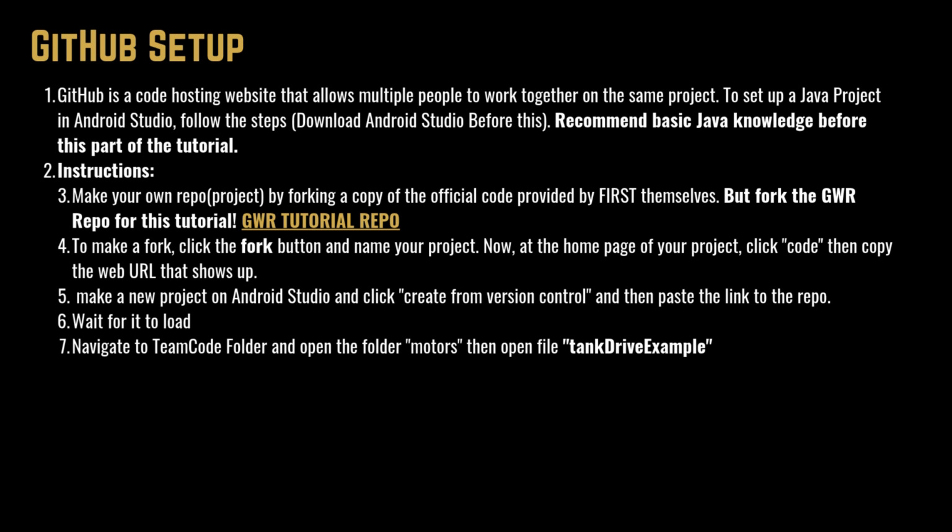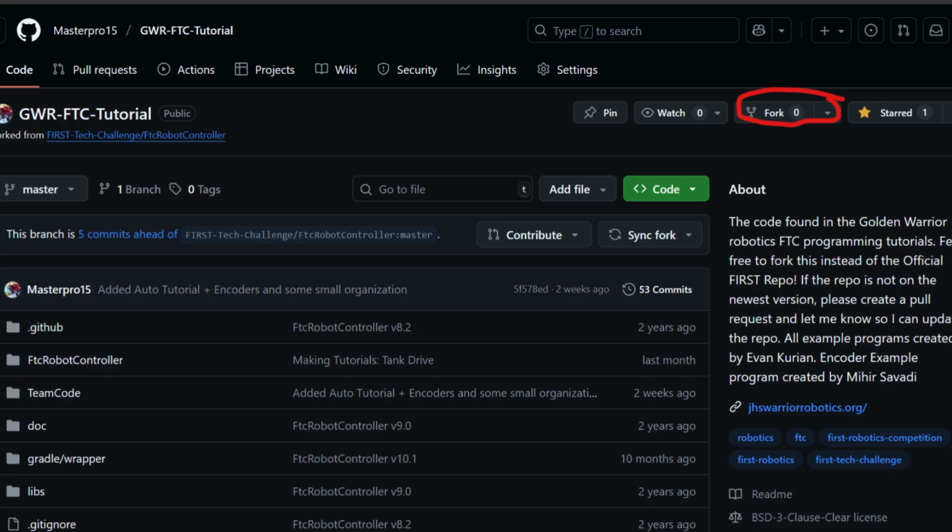Open up the motors folder inside of that folder and find a file called think drive example. If you run into any minor problems, this will be covered in the troubleshooting video, also in the FTC video series.